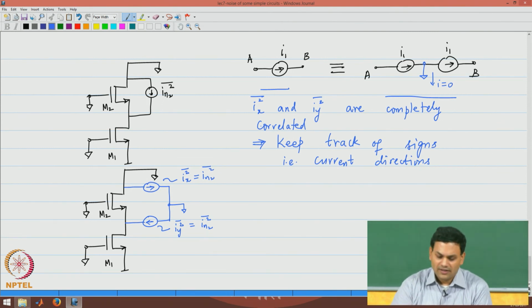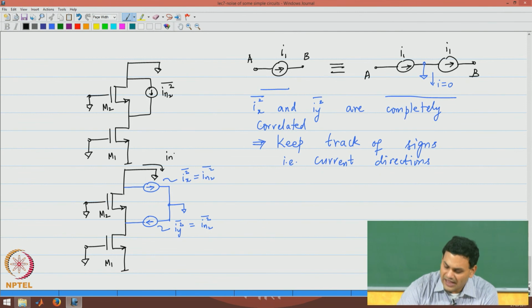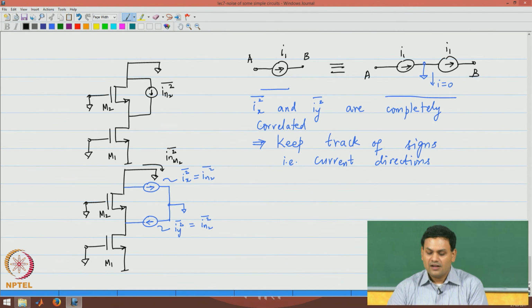So, to summarize, we are trying to calculate In_M2 squared. So, In_M2 squared will have two components, one from Ix, the other from Iy. The first component from Ix will clearly be equal to Ix itself.